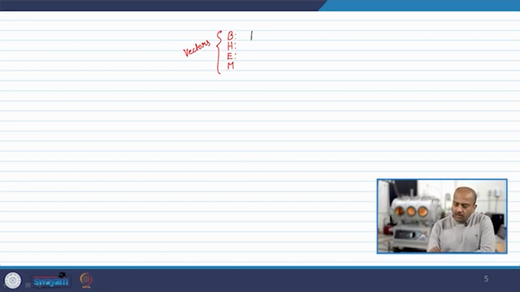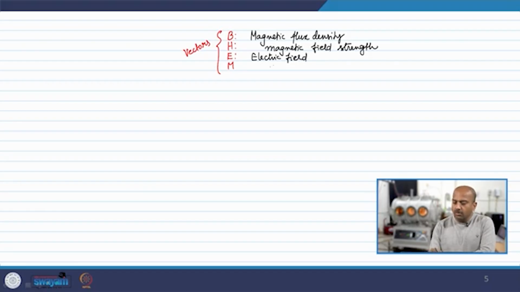Capital B is magnetic flux density. Capital H is the externally applied magnetic field, or we can also call it the magnetic field strength. Capital E is the electric field and capital M is the magnetization.